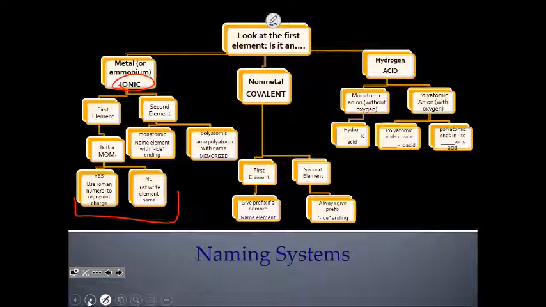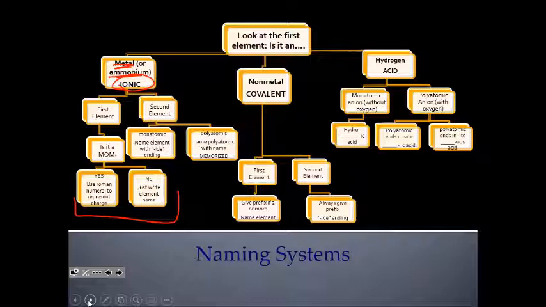Those are the positive ones. That means they lose electrons, right? So they have positive charges. And they're typically going to be the metals or the ammonium. The metals or the ammonium are going to be your cations, and they're going to be left of the staircase on the periodic table.